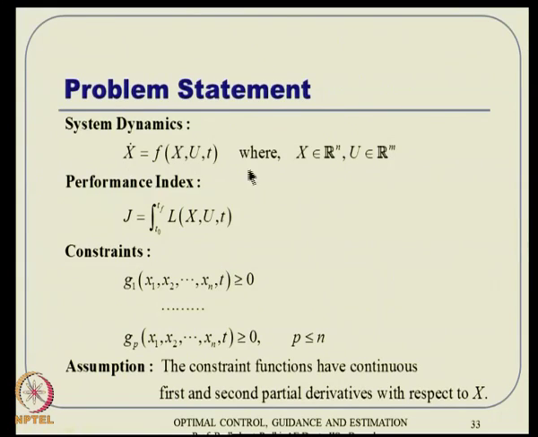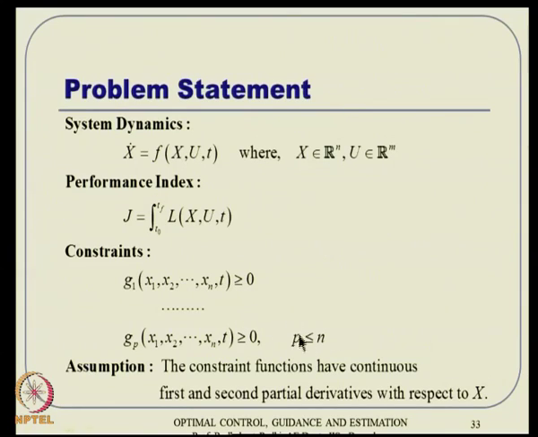Anyway, system dynamics, we will go back to nonlinear systems. System dynamics is nonlinear, the performance index is generic, and then several constraints are there, in fact 1, 2, 3 up to p constraints, some sort of algebraic functions, which have to be greater than or equal to 0. That is a very generic way of looking at it.